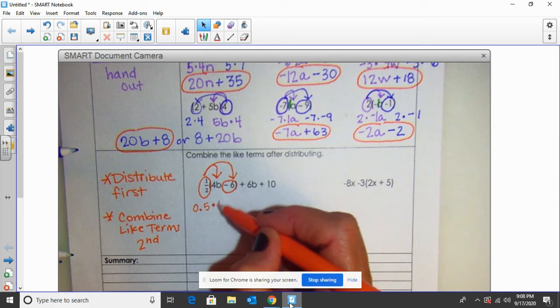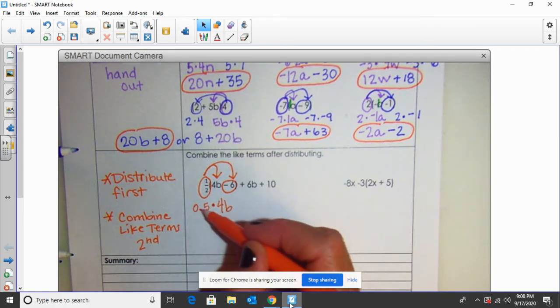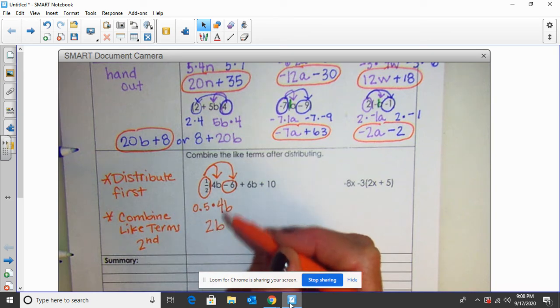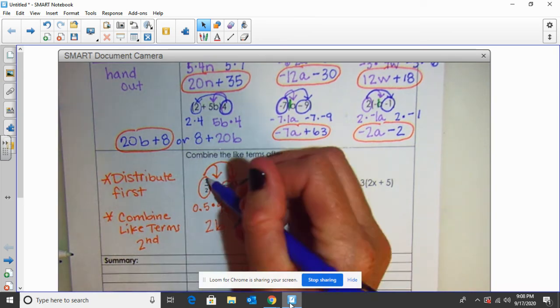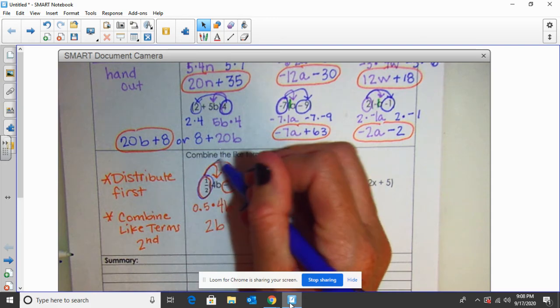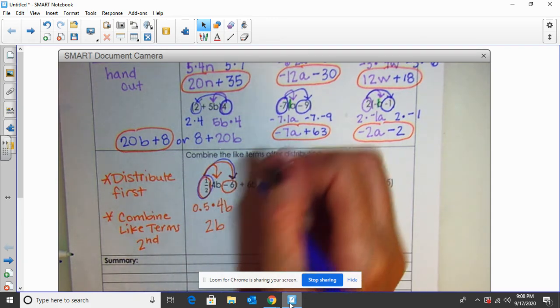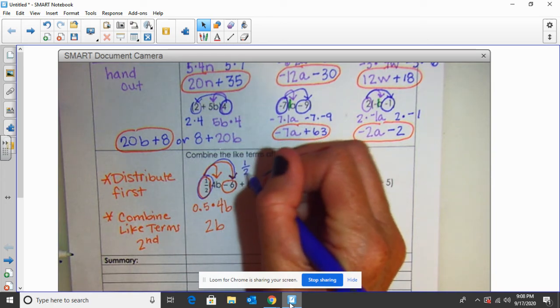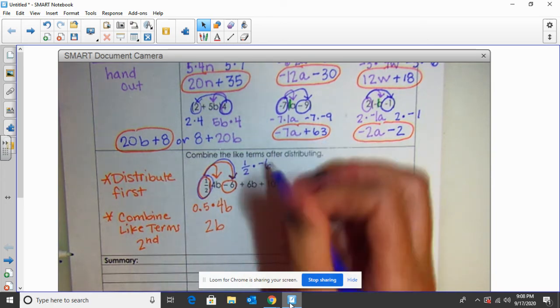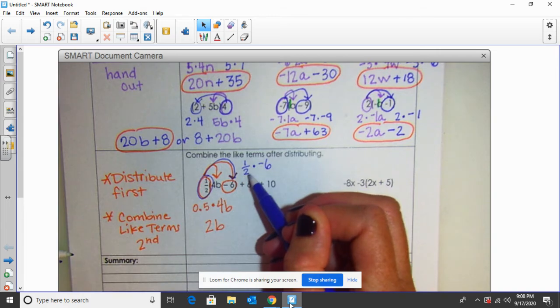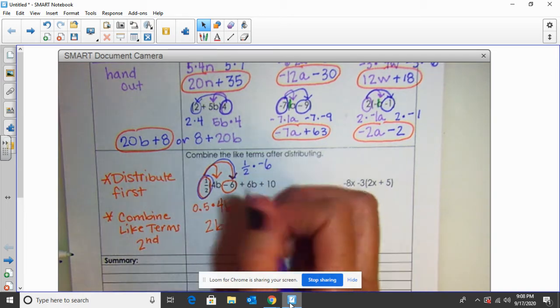So 0.5 times 4b, or 1/2 times 4b, gives us 2b. Now take that 1/2, or the 0.5, and multiply by -6. Okay, so here this is saying 1/2 times -6. Now remember, you can type in 0.5 times -6.